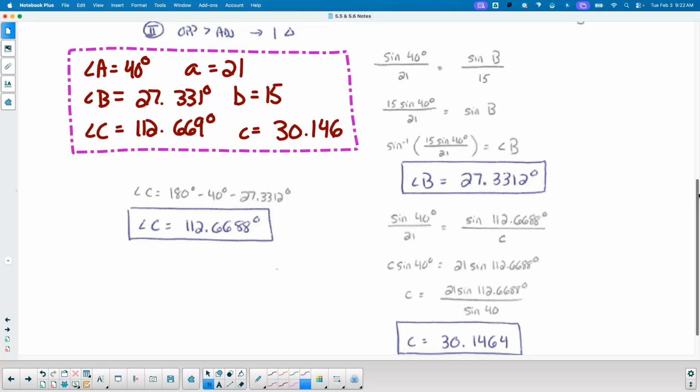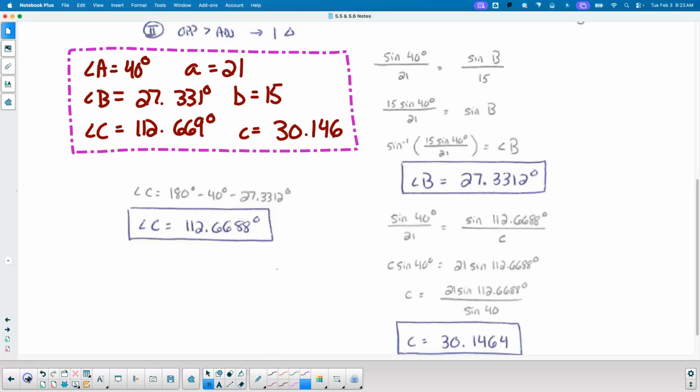Like if you rounded here, then that's going to affect this one, which is going to affect this one. That's why we taught you how to keep it exact on your calculator as long as you can, or just write out more decimal points, because that'll minimize that offness at the end. Yeah, I got like a 30.4. Good.